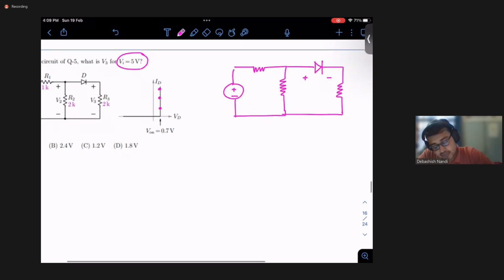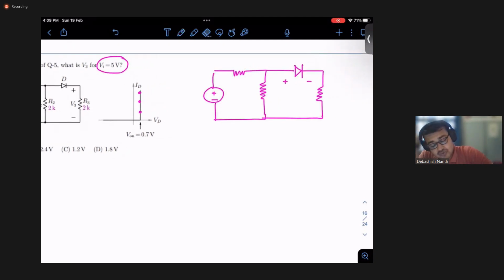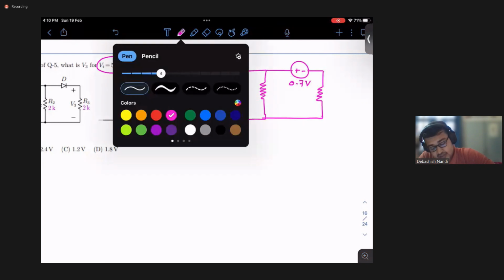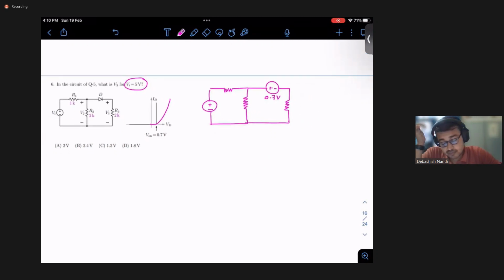It is just like a constant voltage source, nothing else. That's why in circuit analysis you replace it with a constant voltage source. This is the logic behind it. If the curve is like this, you cannot do that. Do you get me? Yes, sir.